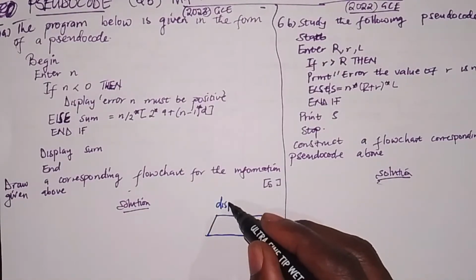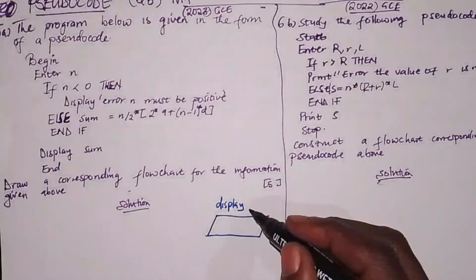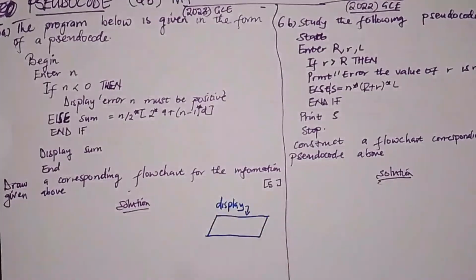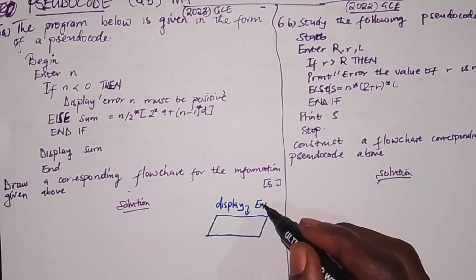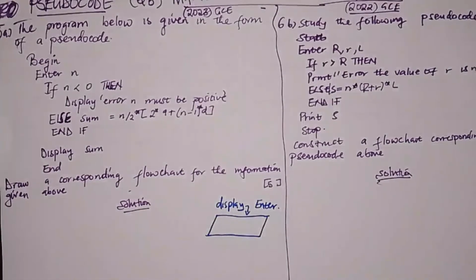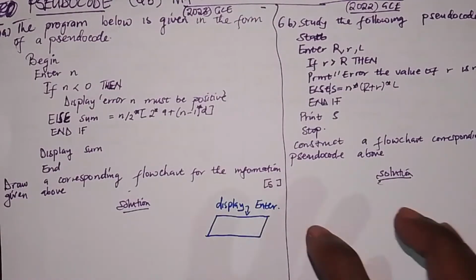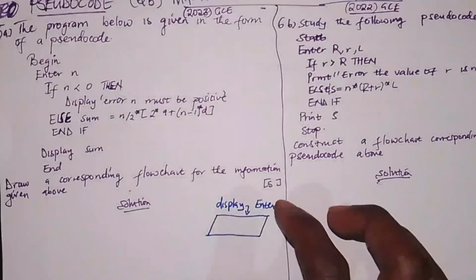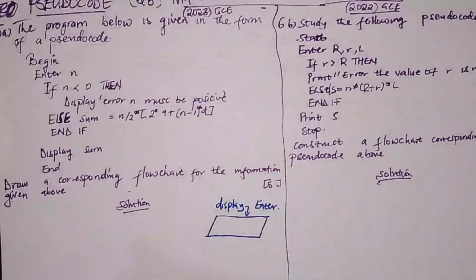Whenever you see display, remember that display should be put in this box. And the other one is enter. Where you see display or enter, what you should use is this box.